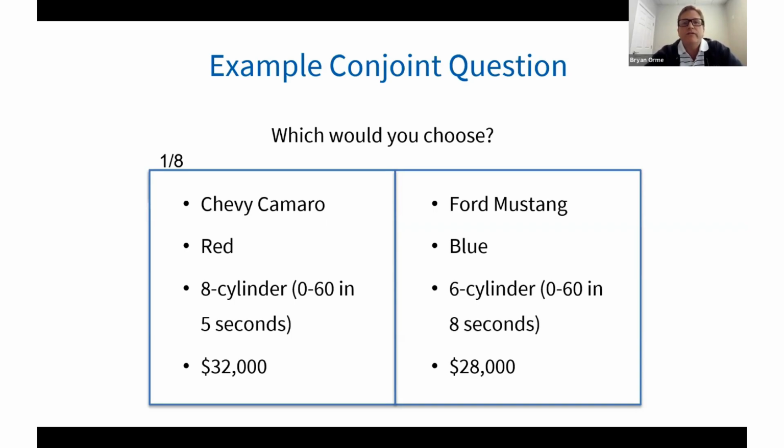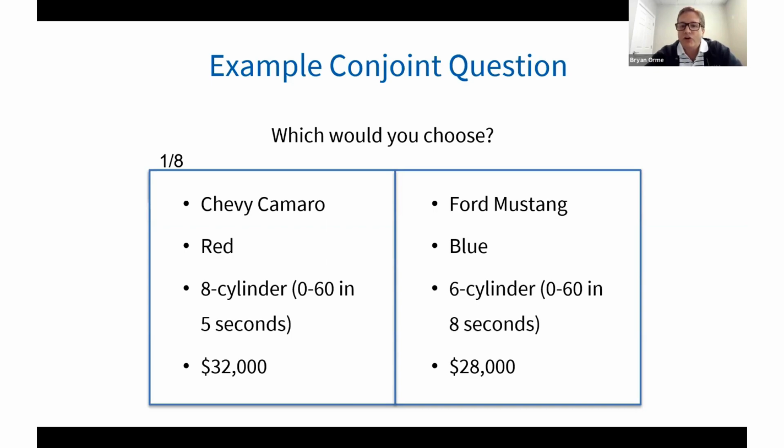And in each one of these questions, we're going to scramble things up in a scientific way, in a balanced experiment. The Chevy Camaro is shown in red here, but the next question might show the Chevy Camaro in blue. The Chevy Camaro is $32,000 here, but maybe in the next question it's $28,000.